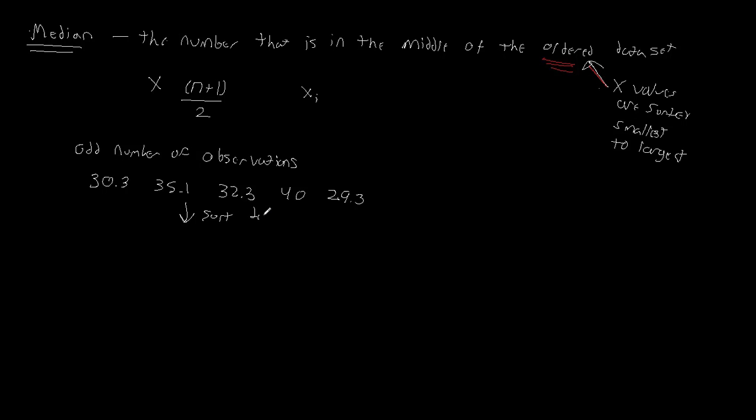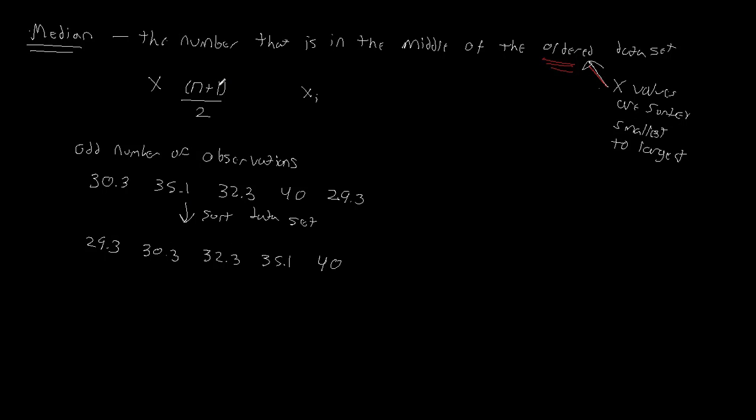So 29.3 is the smallest, then 30.3, then 32.3, then 35.1, and then 40. We're not necessarily tracking any observation number. We've just reordered the data set so that observation 1 is the smallest and observation 5 is the largest.